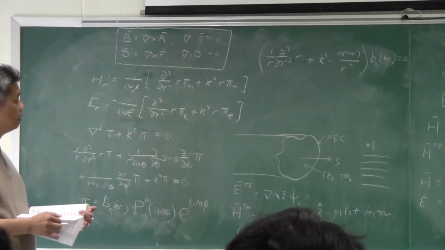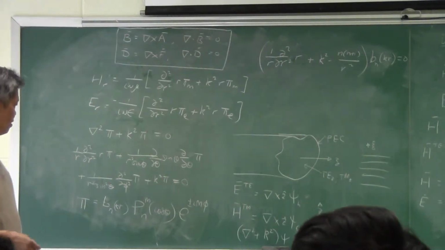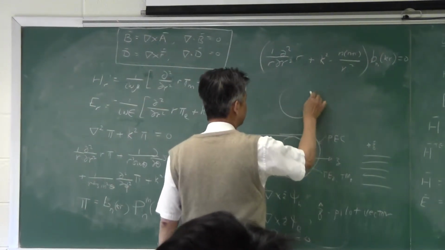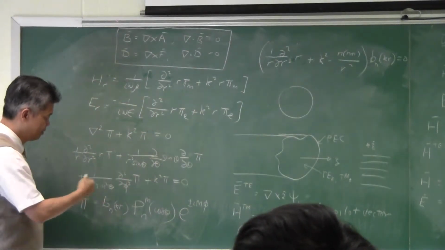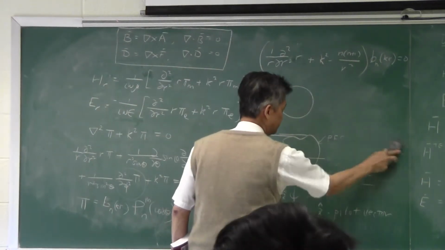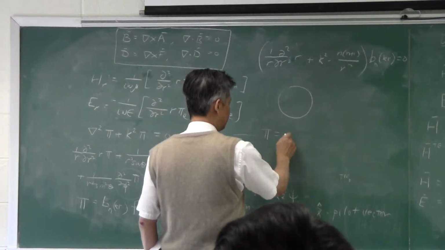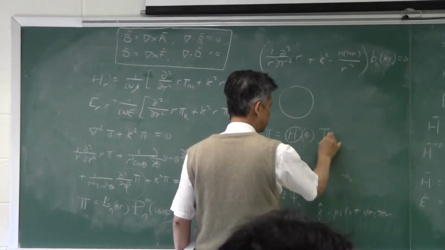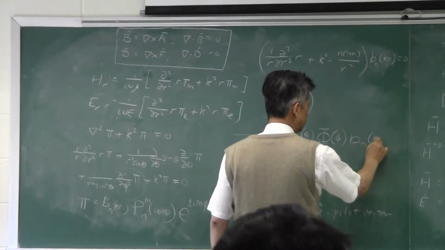Why have you assumed the solution to be of that form? Because this is a spherically symmetric problem, so you solve it by the separation of variables, and then there's the equation for the phi variable. You solve for a solution in the phi direction of this form. So you let pi be a function of theta times a function of phi times a function of r.